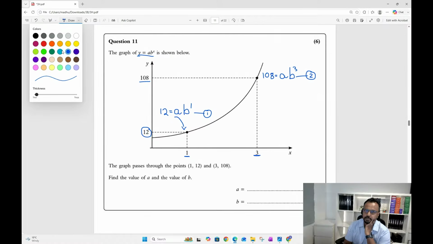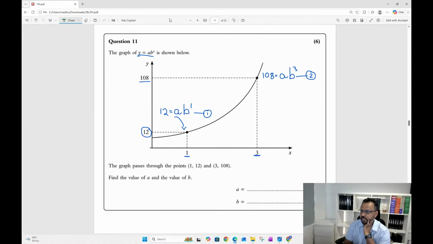Here's how you solve them. I'm going to divide 2 by 1. 108 is the left-hand side of this, divided by 12, the left-hand side of the first one, is equal to ab cubed over ab.